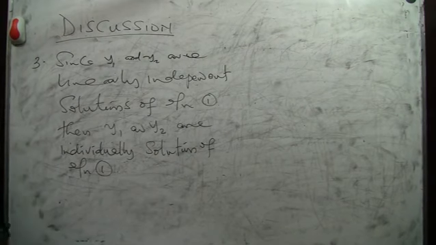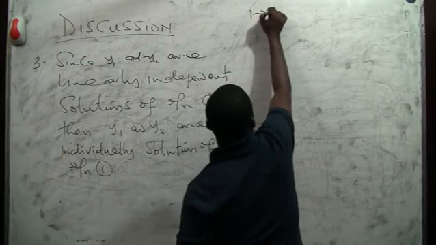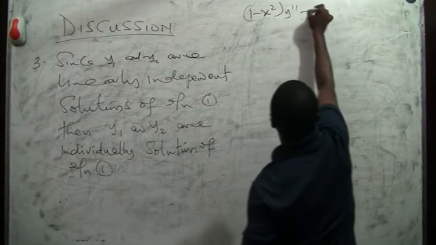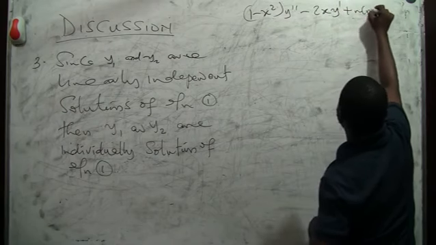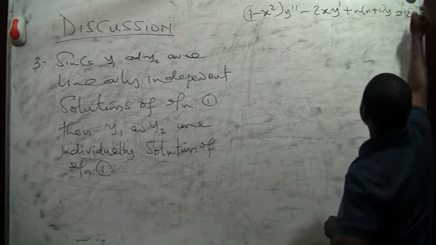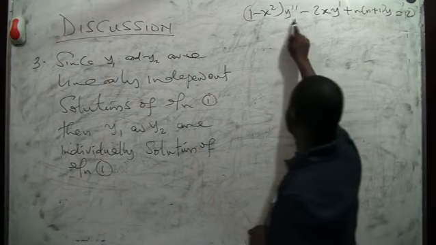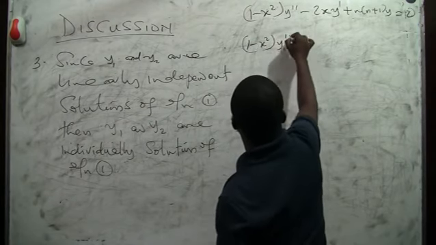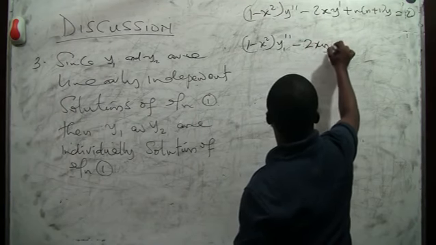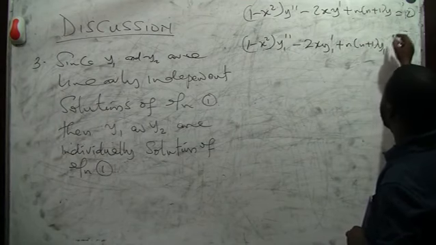What does it mean? It means that if you substitute y1 into 1 minus x squared y prime prime minus 2x y prime plus n into n plus 1 y, you must obtain 0. It's a must. That is, put 1 minus x squared y1 prime prime minus 2x y1 prime plus n into n plus 1 y1 equals 0.